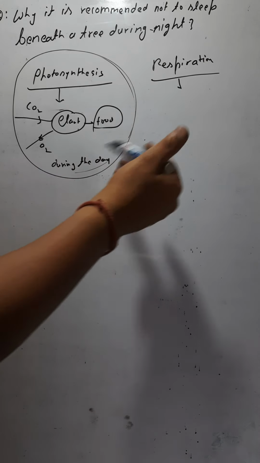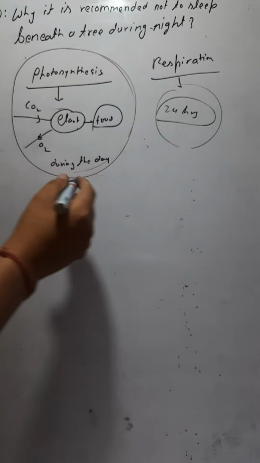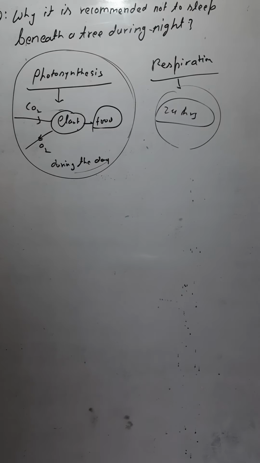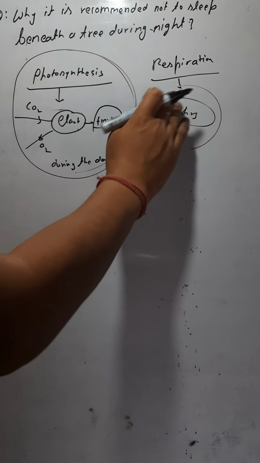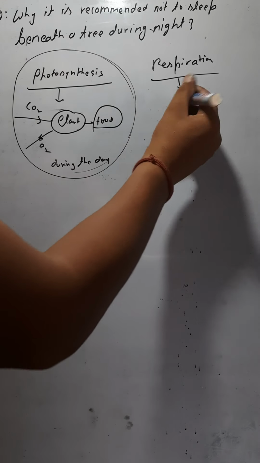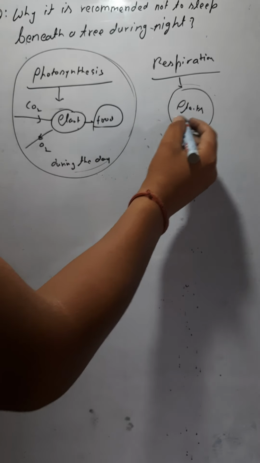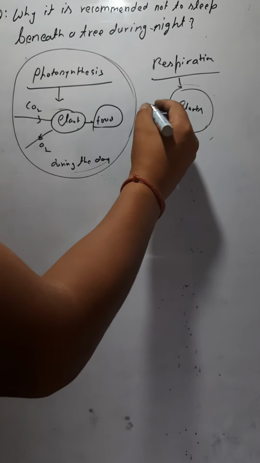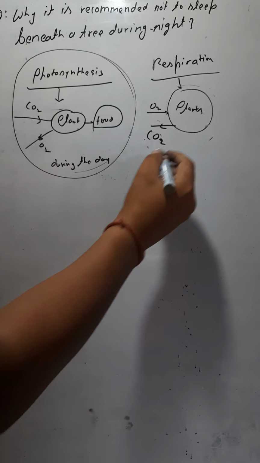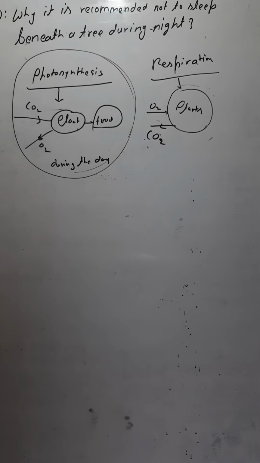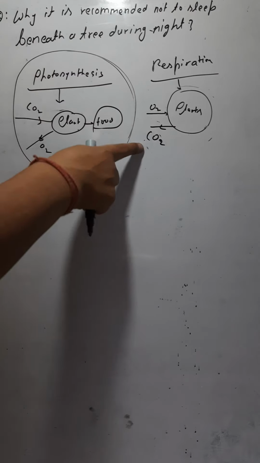But the respiration process continues 24 hours. It would not stop. It continues during the day as well as during the night. Under the process of respiration, the plants are taking oxygen and they are releasing carbon dioxide into the atmosphere, like we are also taking in oxygen and releasing carbon dioxide, that is CO2.